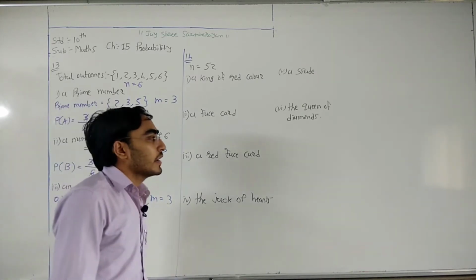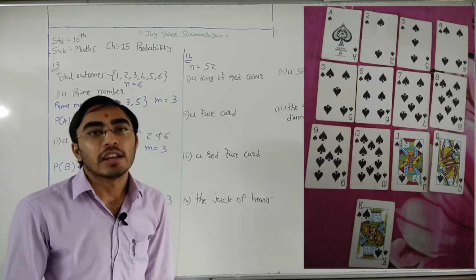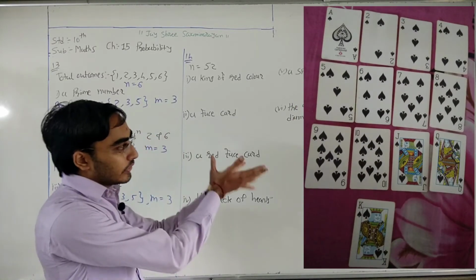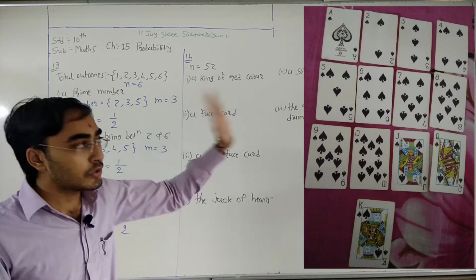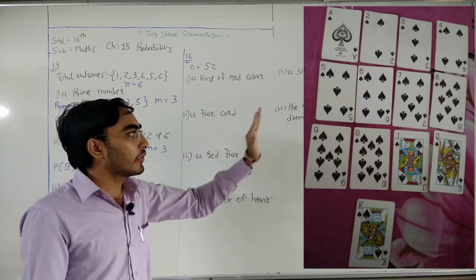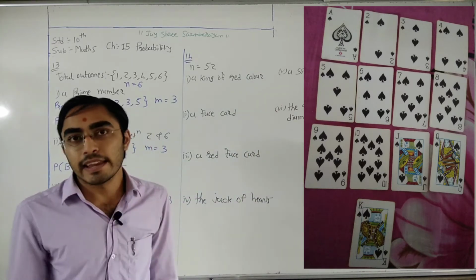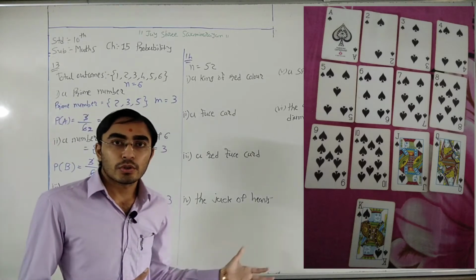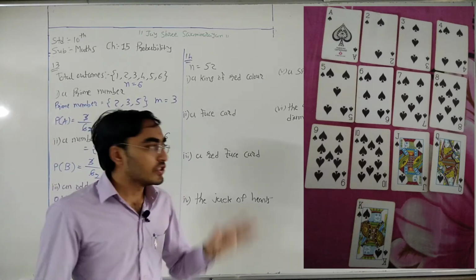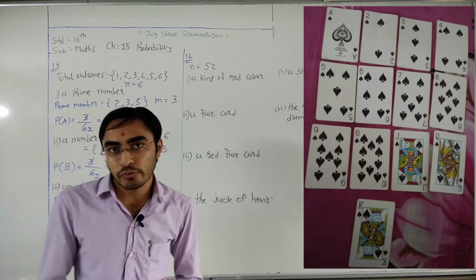Okay, and at last our fourth pattern is spade. Okay, this is spade pattern. Here even Ace, after that 2, 3, 4, 5, 6, 7, 8, 9, 10, Jack, Queen, King. Okay, again if you talk about the face cards, then Jack, Queen and King are three face cards we have here.